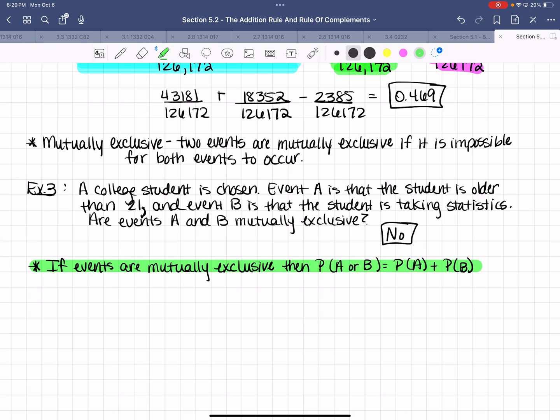You just have to know when you're reading the chart or you're reading the problem if they are, okay?